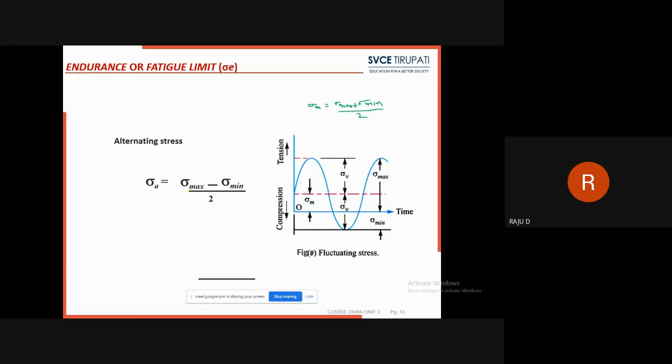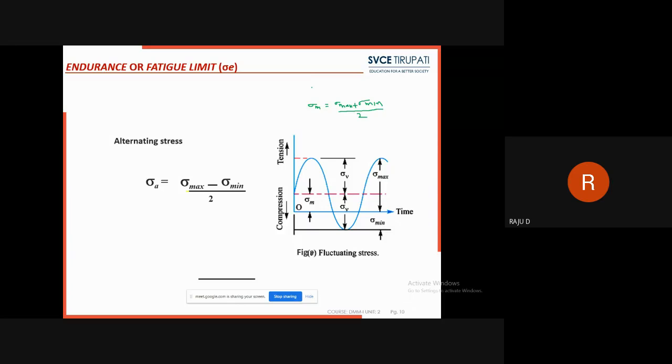When you calculate the mean value, whether it is stress, load, torque or bending, it is the summation of the respective terms, sigma maximum plus sigma minimum by 2.